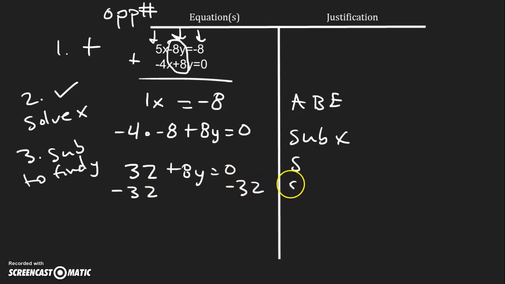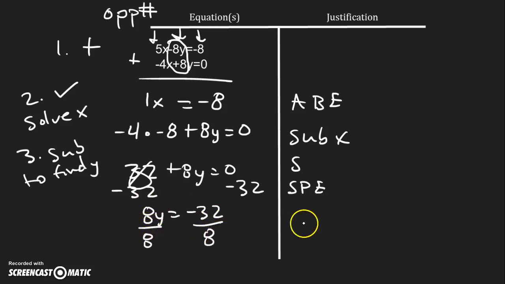We did it to both sides, so we used SPE. These are 0. We're left with 8y equals a negative 32. Final step here is to divide by 8. Divide by 8. We divide it to both sides, and what we get for y is negative 4. Write it as a coordinate point, and we have negative 8, comma, negative 4.